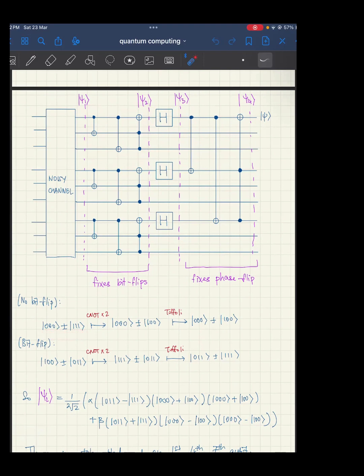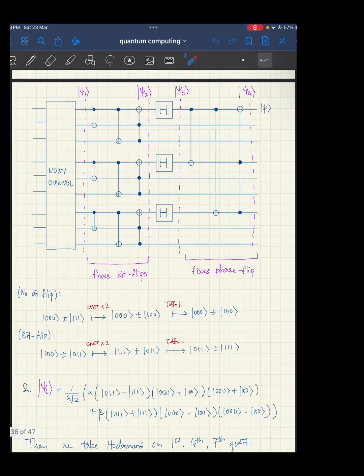So if we have 0, 0, 0 plus minus 1, 1, 1, doing C0, as shown above, we will end up with this state. The zeros don't do anything, and the 1, 1, 1 will flip to 1, 0, 0. Afterwards, we do the Toffoli gate, which doesn't do anything because the second and third qubits are zeros.